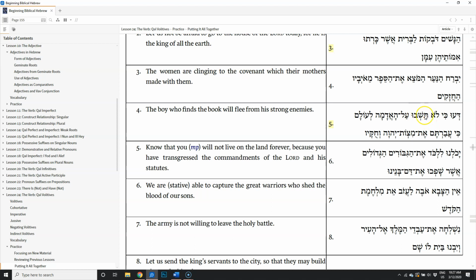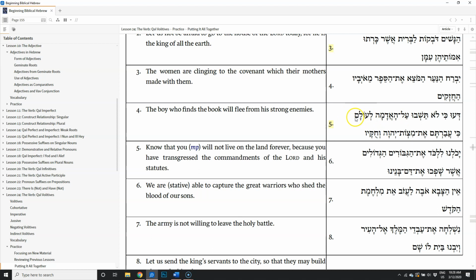Yashav is a verb that I recognize, so tav here is my prefix. Tav prefix plus a shurik suffix is 2MP. So this is going to be you all will dwell. Lo in here negates it, so you all will not dwell. So know that you all will not dwell upon the ground. Al is upon. Ha'adama, upon the land or upon the ground.